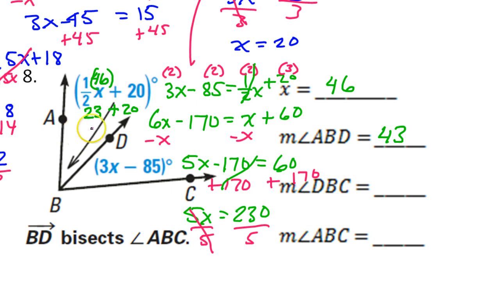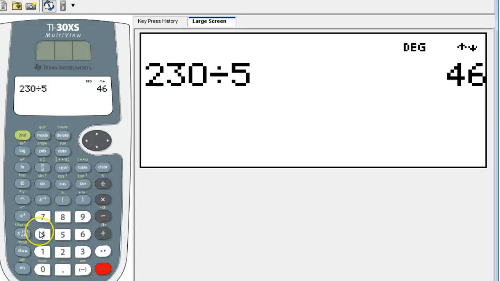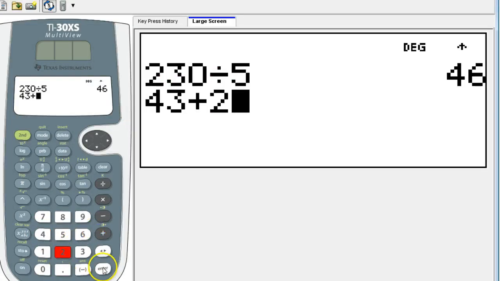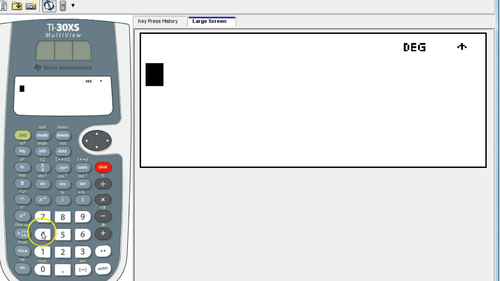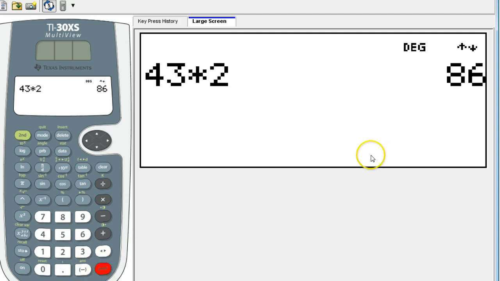Alright, so this is going to be 43 over here, and that means DBC has also got to be 43. These are two congruent halves. And angle ABC is the whole thing, so that's 43 times 2. So that's, well, I did plus, oops. 43 times 2. 86.